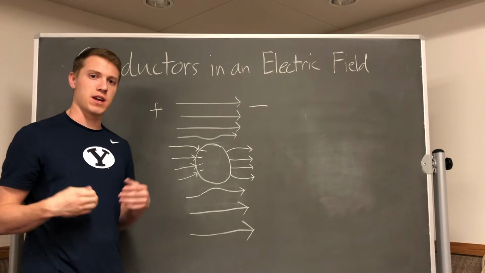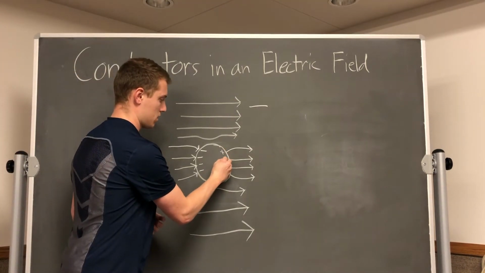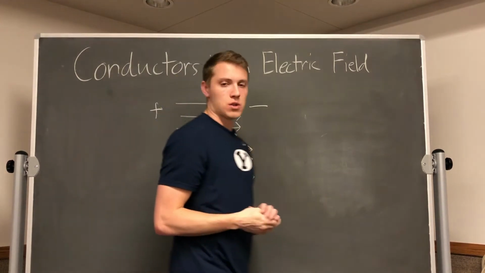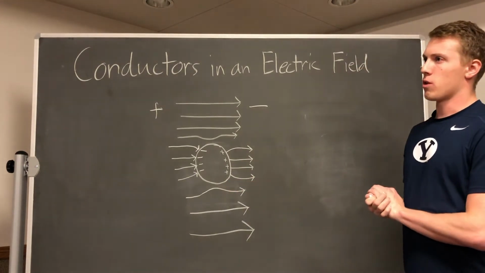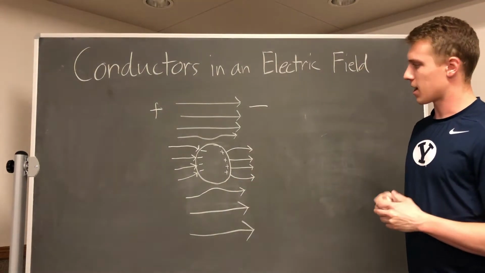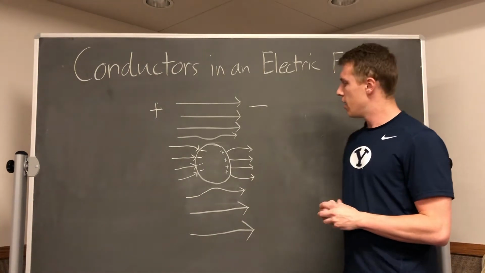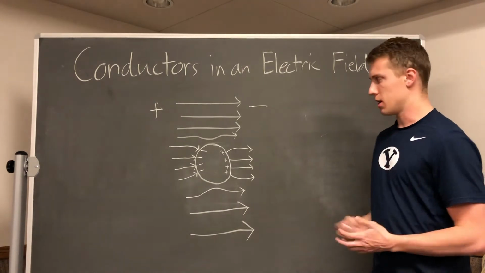But this time they originate at positive charges. So now our conductor is polarized. Now one important thing that's kind of hard to show with the picture, but these field lines, when they interact with the conductor, they always hit the conductor perpendicular to the surface of the conductor.